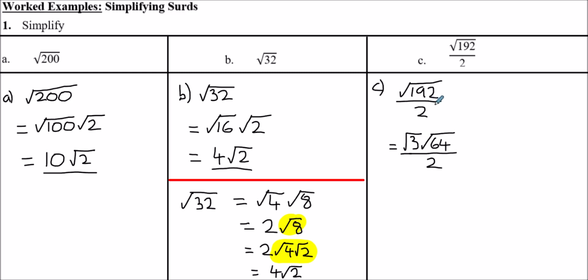Okay, so now we've got this, we can simplify further. Here, root 64 would be 8. So we'd end up with 8 root 3 all over 2, and then 8 over 2 just gives us 4. So we end up with 4 root 3.